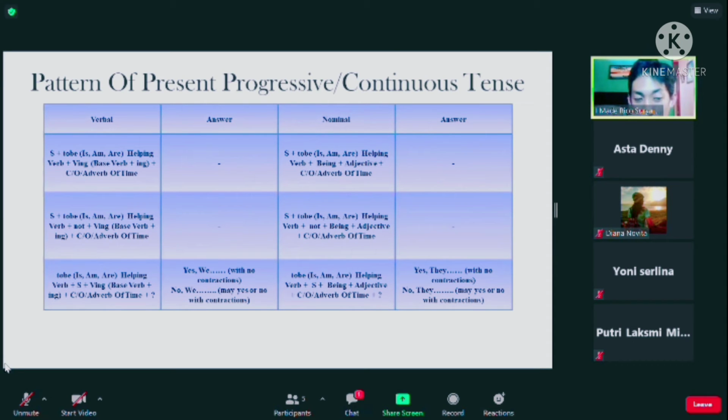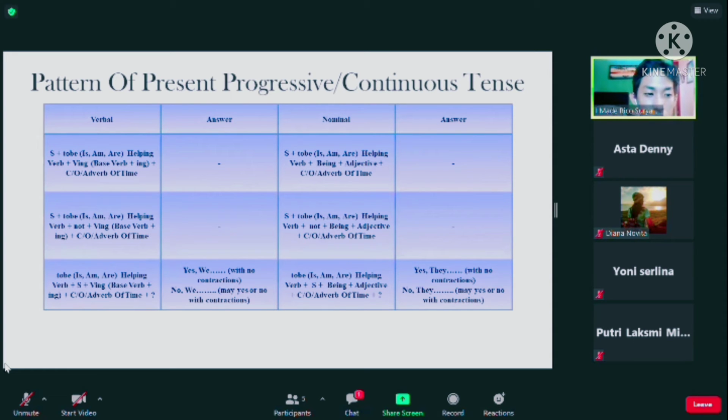For the verbal, the positive form is subject plus to be as helping verb plus verb ing, or also known as base verb plus ing, plus complement or object. Don't forget to add an adverb of time, because I already mentioned the adverb of time. You can use now, recently, lately, these days, nowadays, something like that.